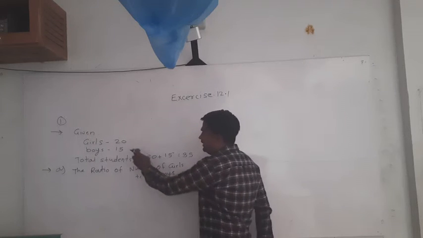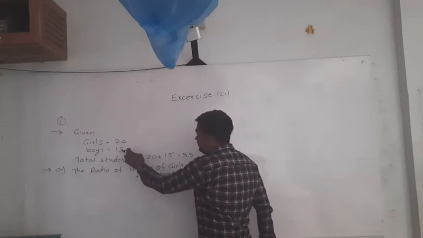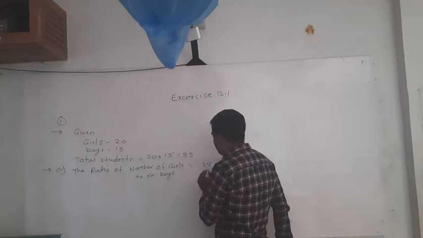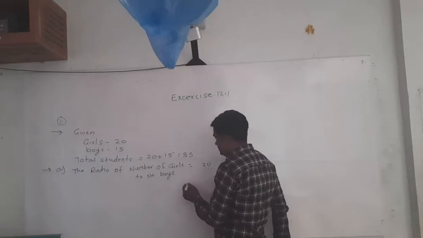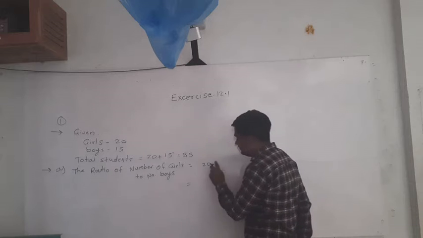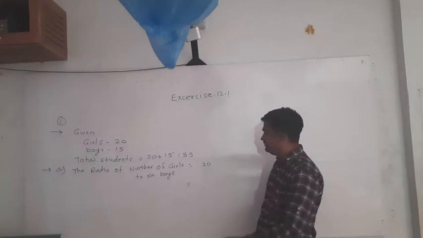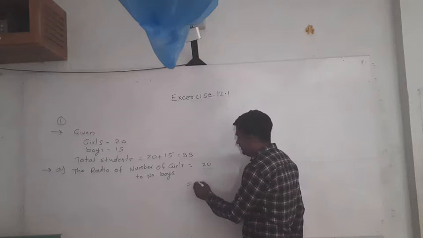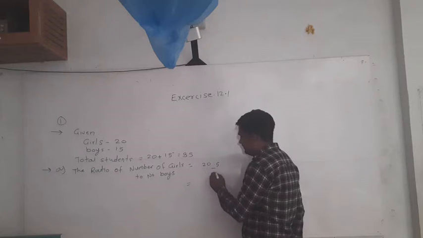So we know that how many girls are there? 20 girls. And how many boys are there? 15 boys. Now solve this. In which table are both numbers? 5 table. You can divide by 5.